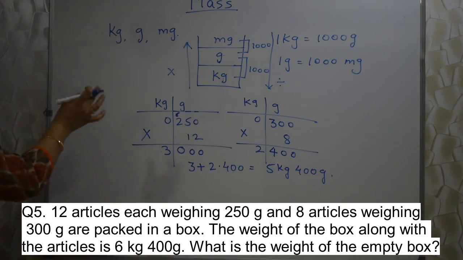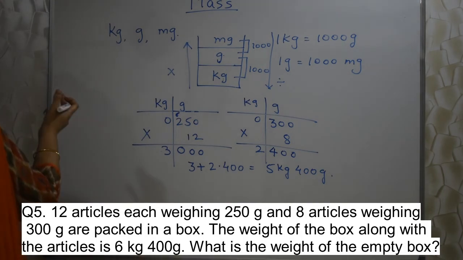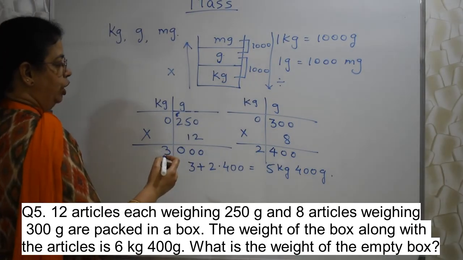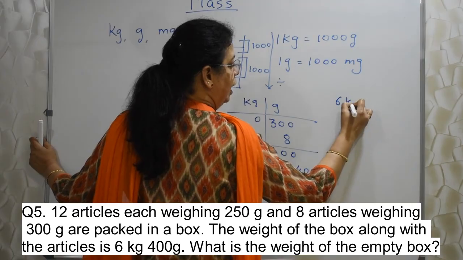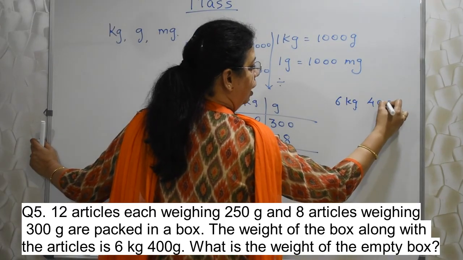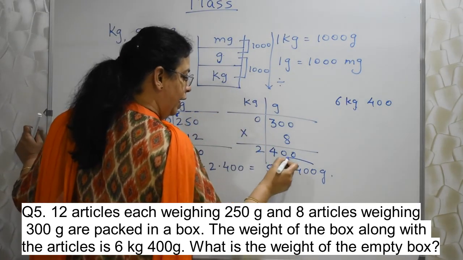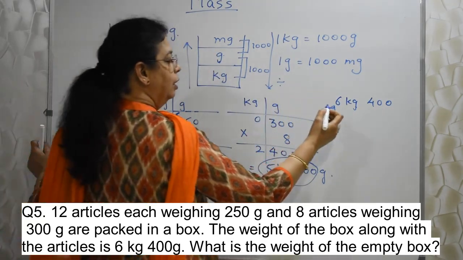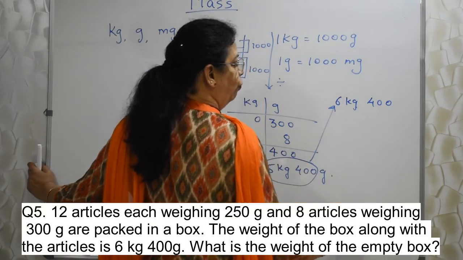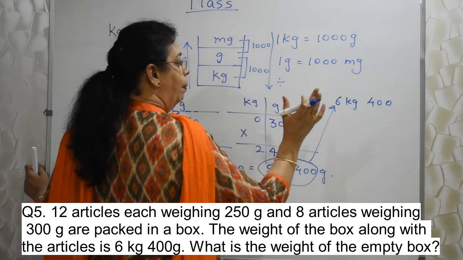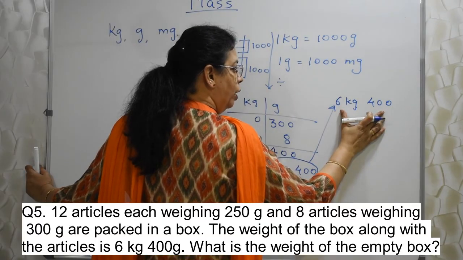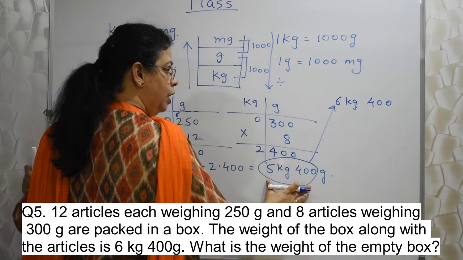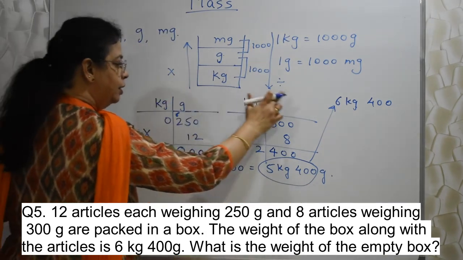After this stuff is put in the box, the total weight of that box is 6 kg 400 grams. But that 6 kg 400 grams includes the 5 kg 400 grams pertaining to those things.